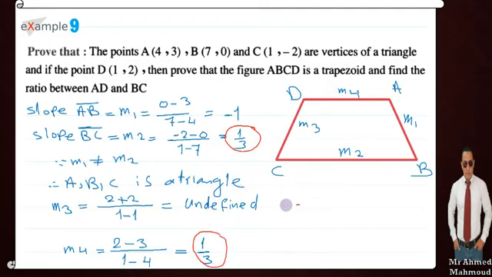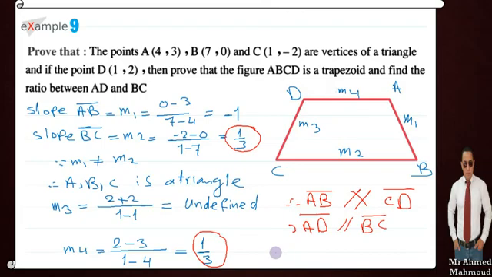Therefore, A, B is not parallel to CD, and A, D is parallel to B, C. Therefore, A, B, C, D is a trapezium, or trapezoid.